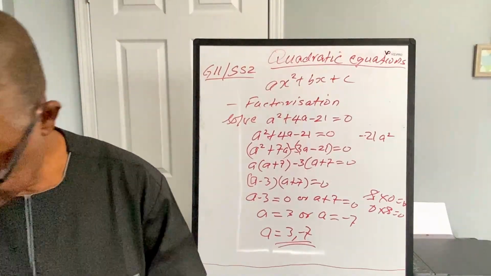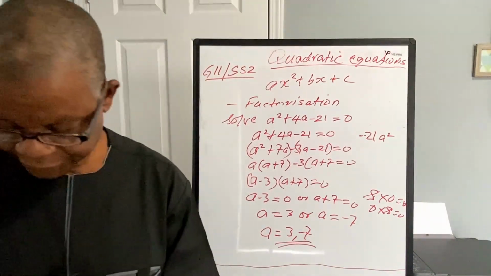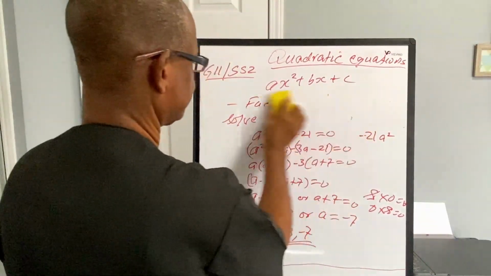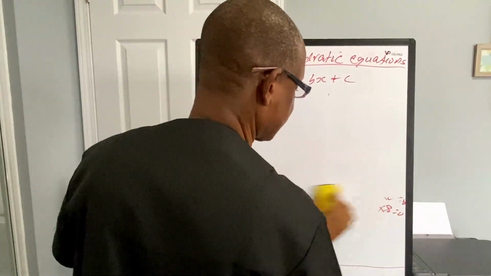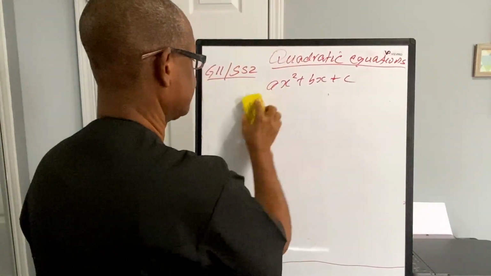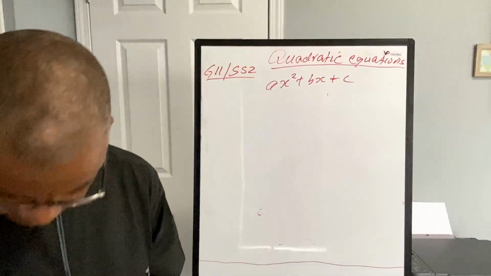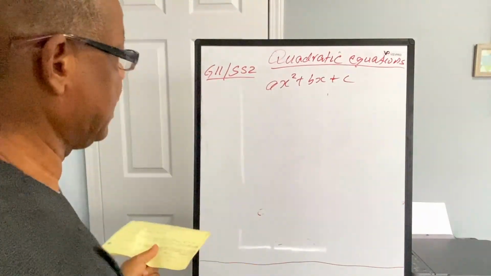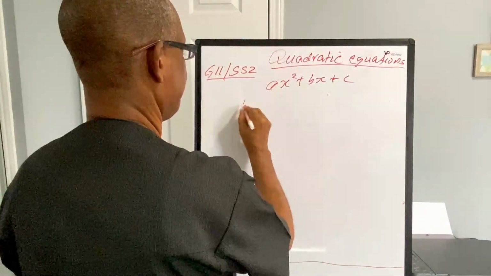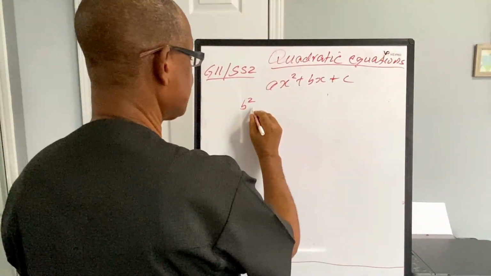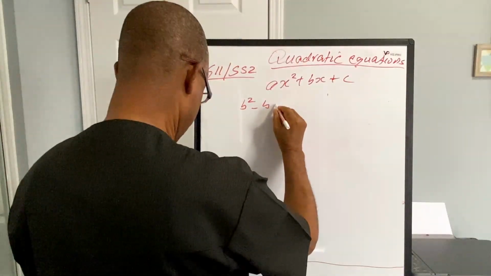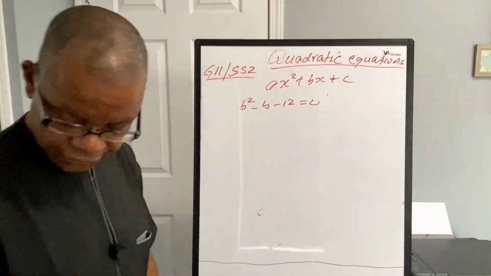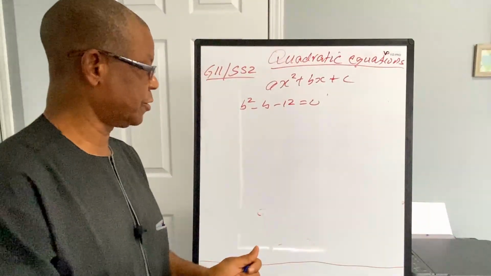So let's also take another example to this effect and solve. Still under factorization. Let's have b squared minus b minus 12 equals to 0 to solve by factorization.